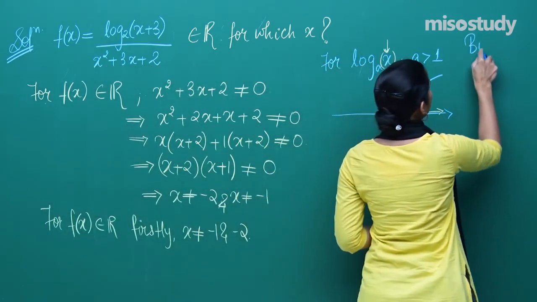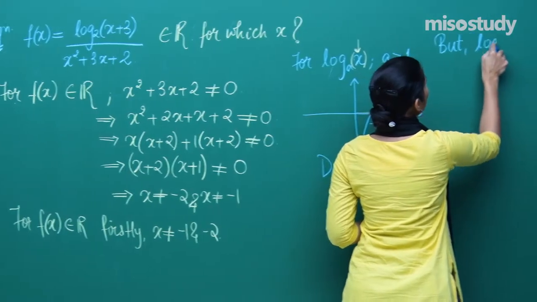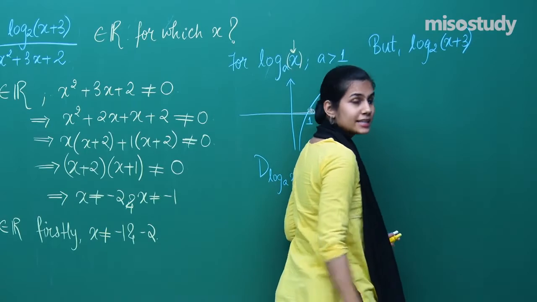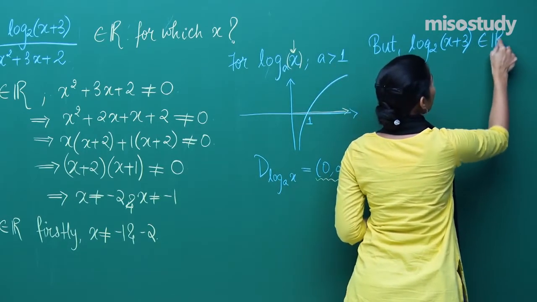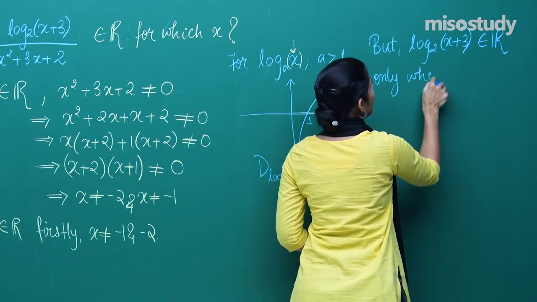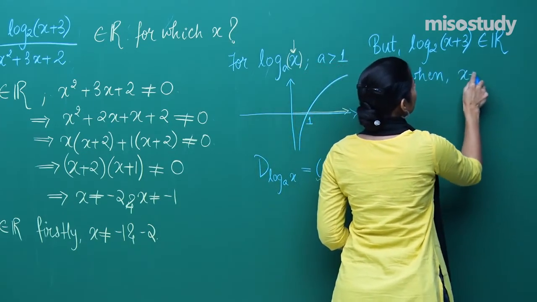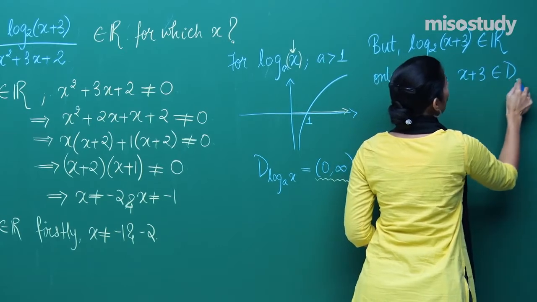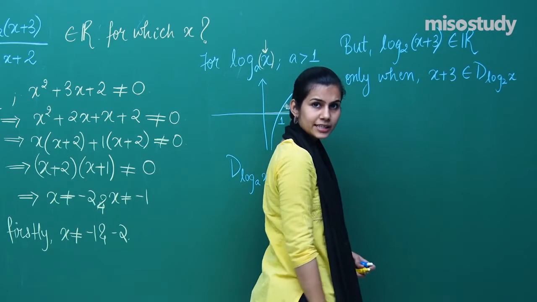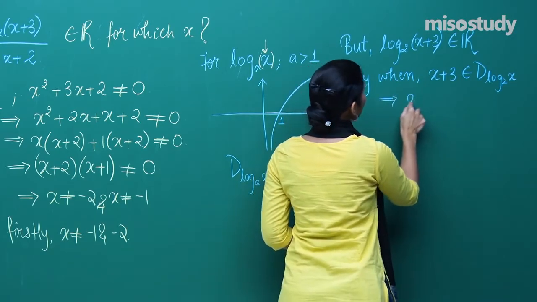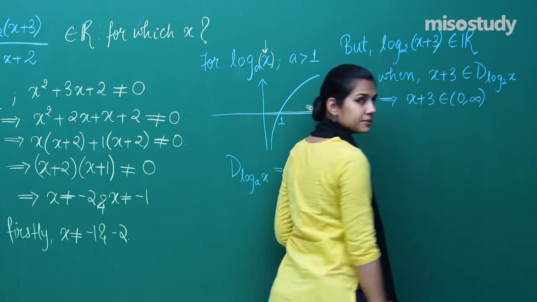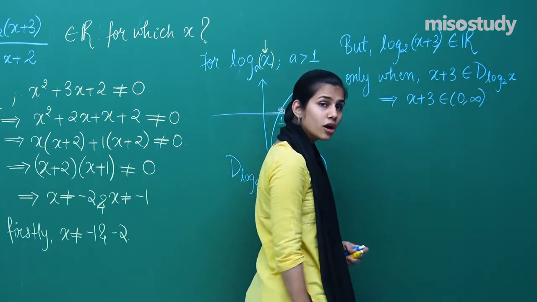Log to the base 2 applied to x plus 3 is going to give you a real output only when x plus 3 comes from the domain of this log function, which implies x plus 3 should belong to (0, infinity), because that is the domain of log.